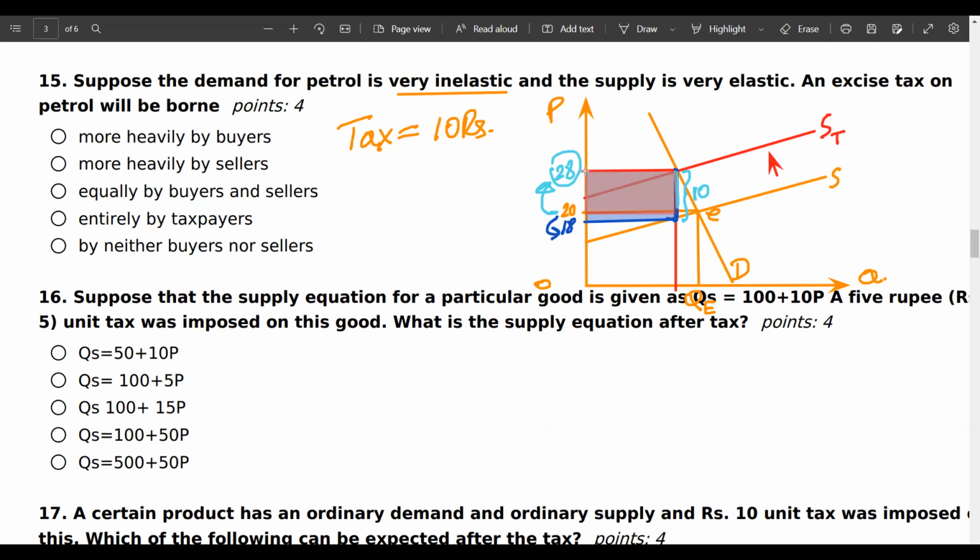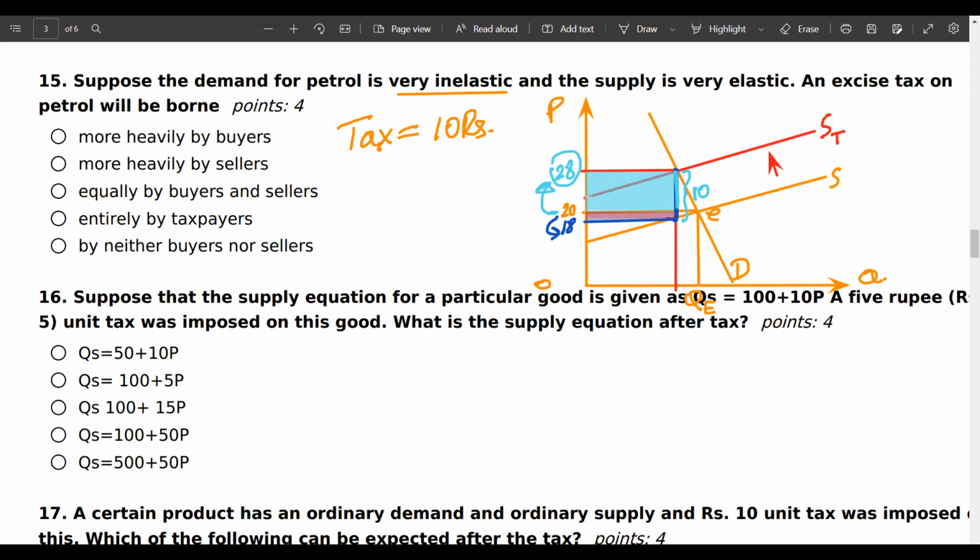That's why the price is now 28 rupees. Earlier it was 20, tax is only 10. Equilibrium price went up by 8 rupees. That means out of the 10 rupee tax, producers have passed on most of the burden to the consumers, and they have taken only a smaller 2 rupee portion for themselves.